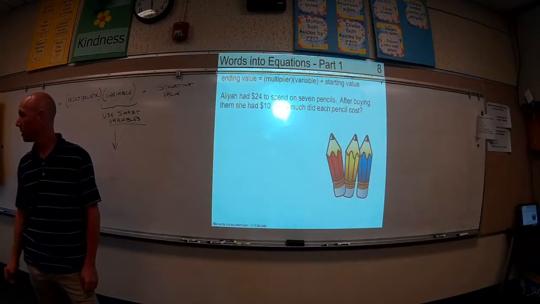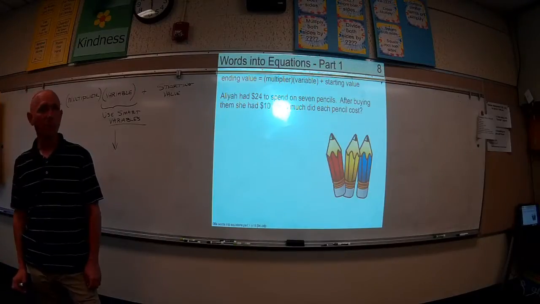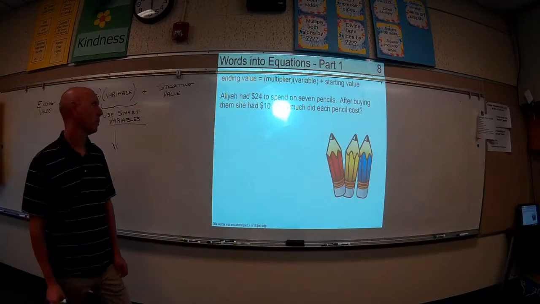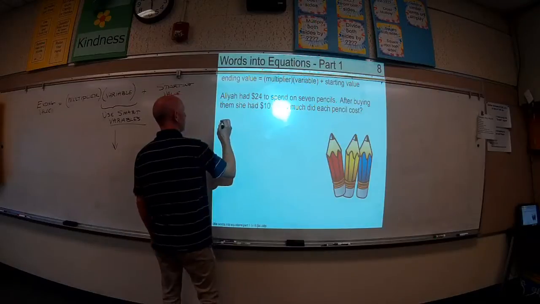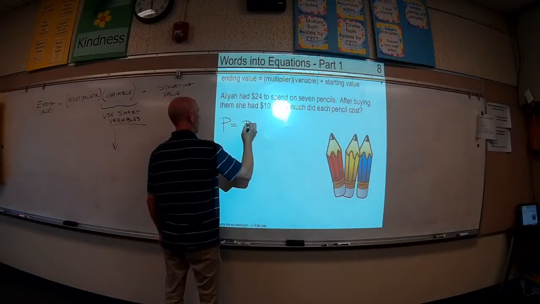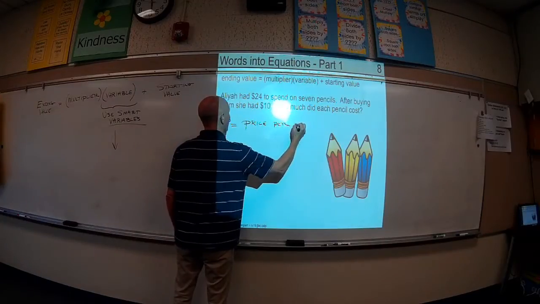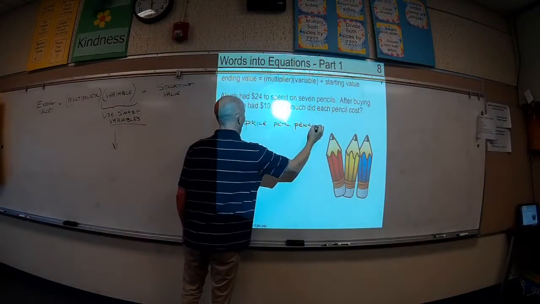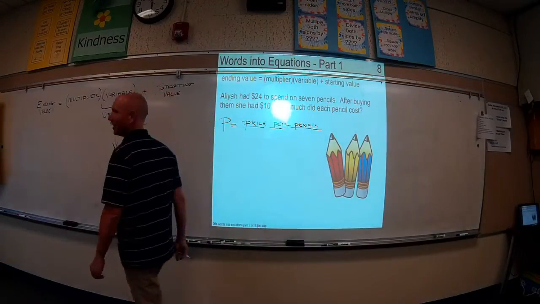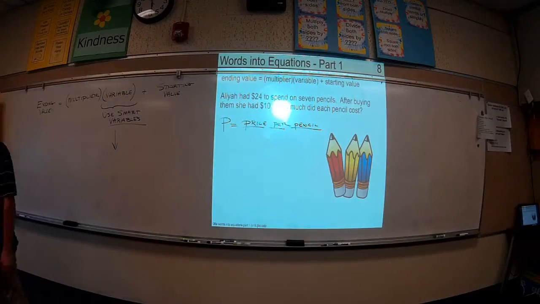What would you use? P for price per pencil. I'm going to go with P. So P equals price per pencil, which is awesome because it's got 3 P's in it. I like it. Price per pencil.